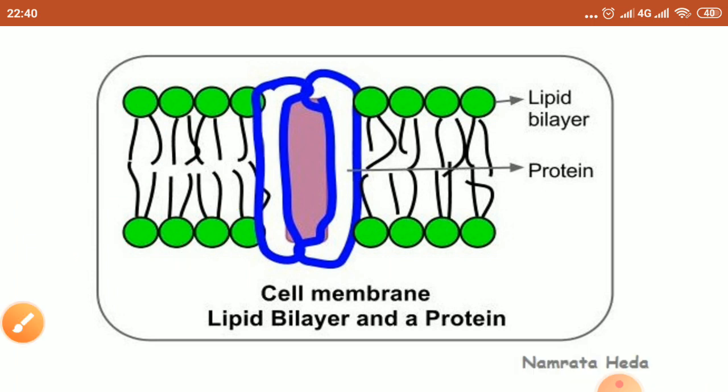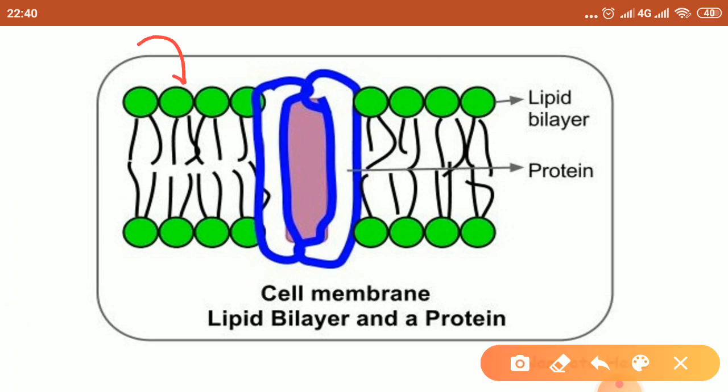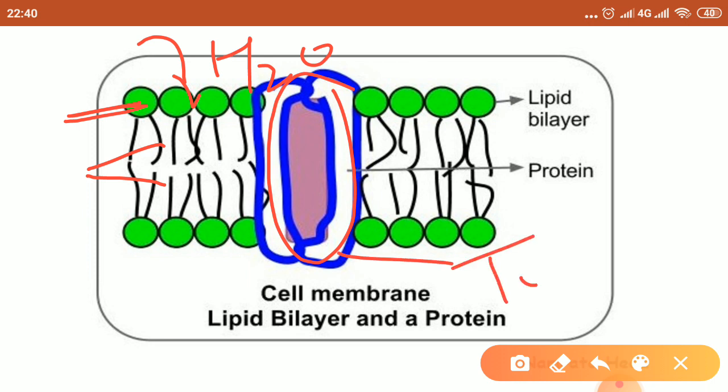Now when we talk about water attracting and water repelling, what it means is, when the water comes in contact with this membrane, this part will allow the water to go in, but the tail part will not allow it. To facilitate that, there are some protein structures which help the water molecule to move in.